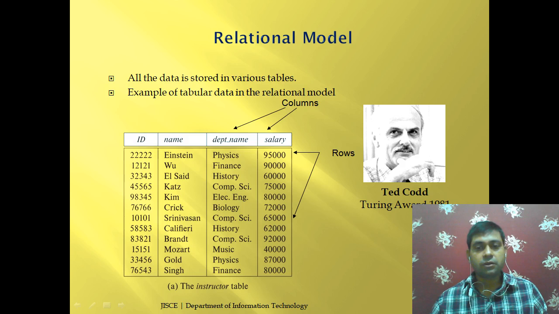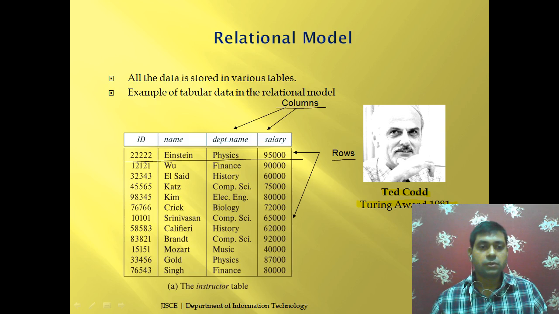The inventor of the relational model was none but Ted Codd, and in 1981 he was awarded the Turing Award. So here what exactly happens: the data is stored in a tabular form, right? This is the columns, and these are the records or rows, fine.